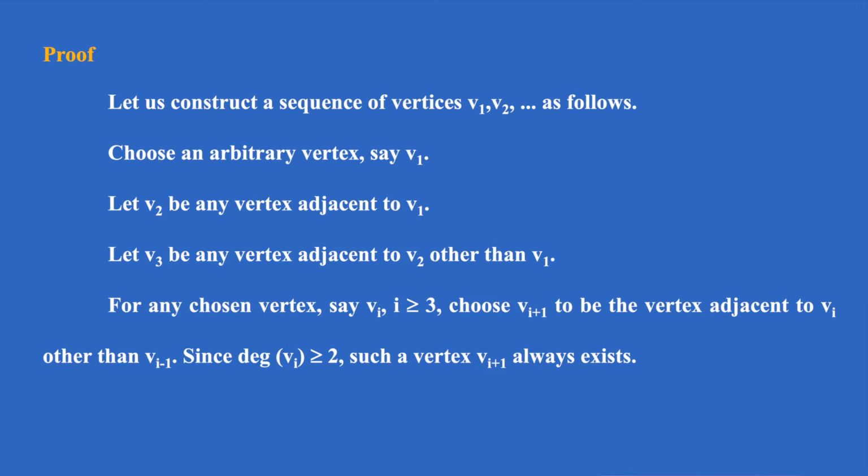Let V3 be any vertex adjacent to V2 other than V1. For any chosen vertex, say Vi, where i is greater than or equal to 3, choose Vi+1 to be the vertex adjacent to Vi other than Vi-1. Since the degree of Vi is greater than or equal to 2, such a vertex Vi+1 always exists.